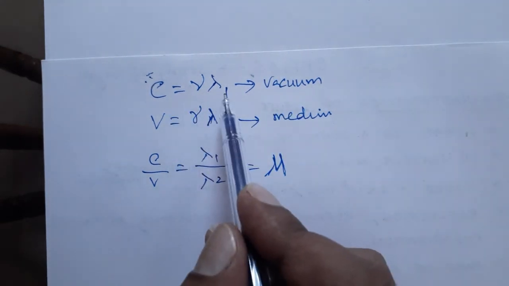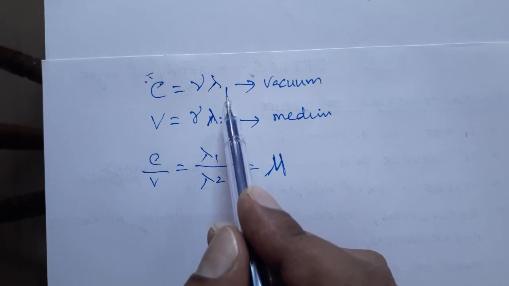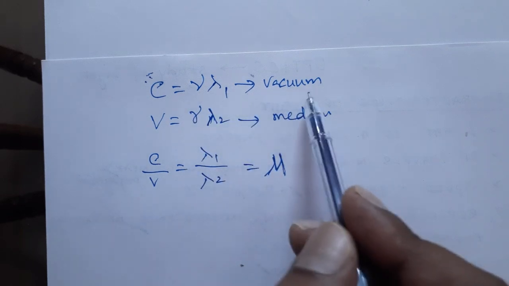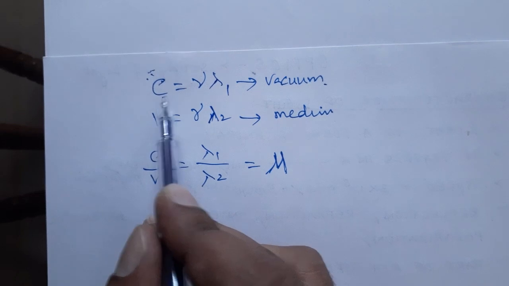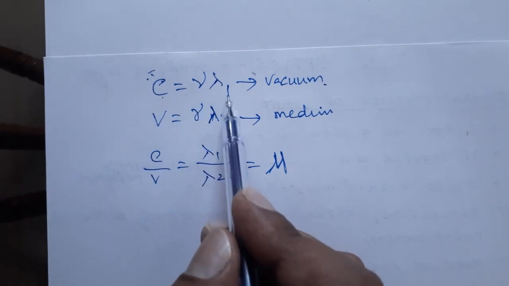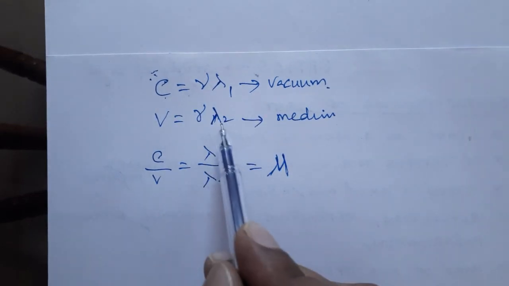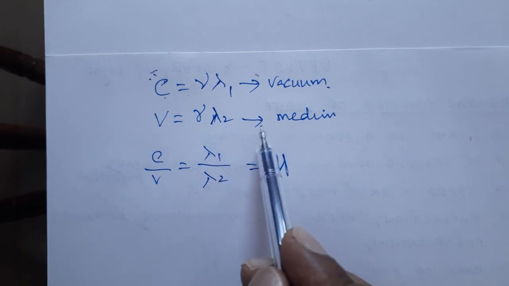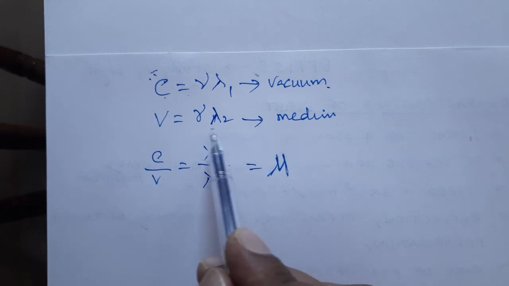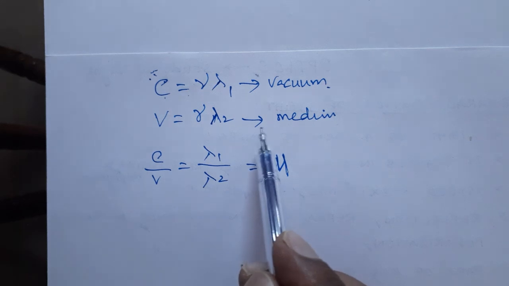Now let lambda 1 be the wavelength of light when it is passing through vacuum. We know the relation already, C equal to nu lambda 1. Then let lambda 2 be the wavelength of the same light when it is passing through the medium.